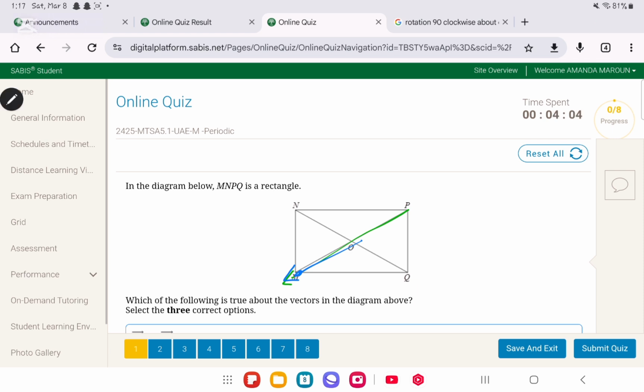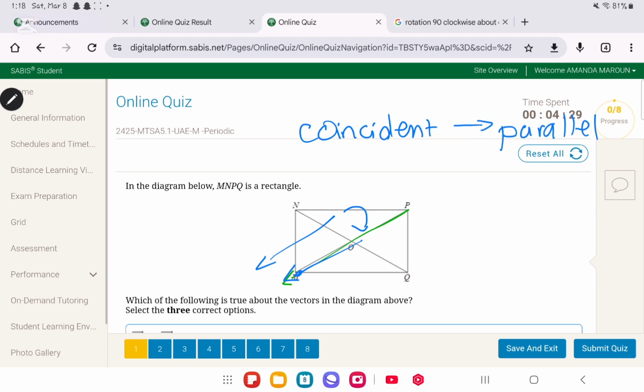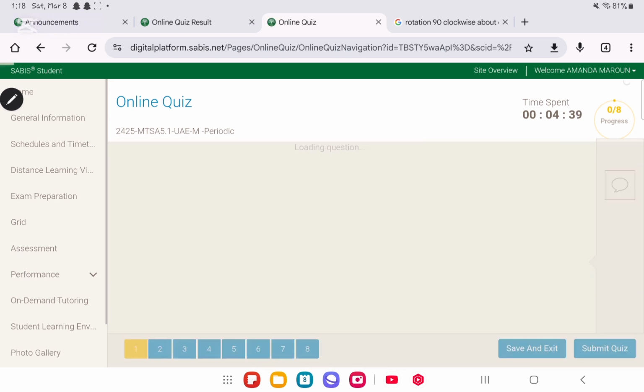They are coincident, meaning both the lines are on top of each other. But if you moved minus MO, which is OM, like this, you would see that yes, it is parallel to the line PM. So if it is coincident, then definitely it is parallel. However, parallel does not mean coincident. But if it is coincident, then for sure it would be parallel. So the last one is also an option.